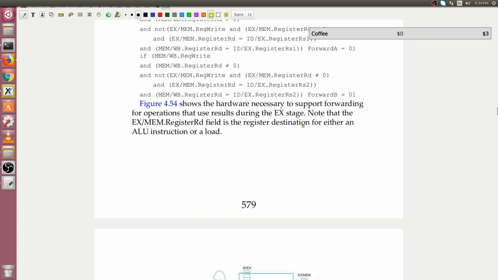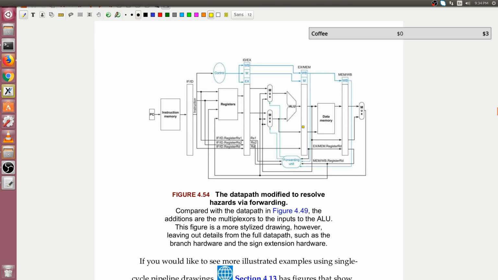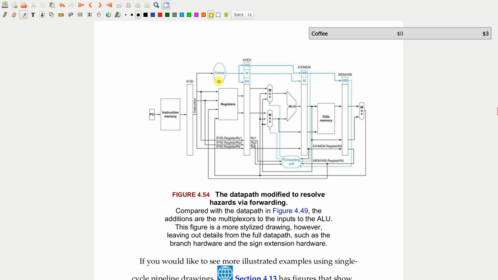Okay, we have some more examples here. So here's our more fleshed out pipelined RISC-V processor, where we have our control unit. We have our forwarded control that we need for each of the stages.